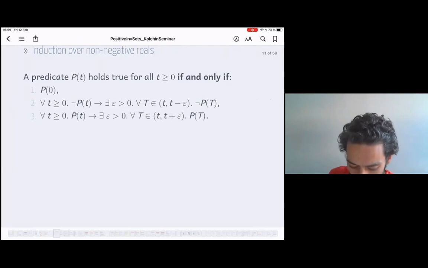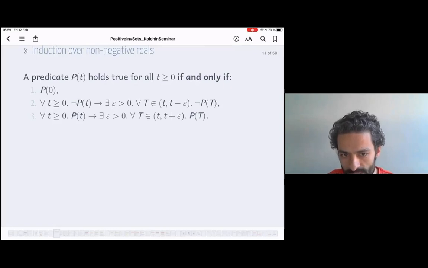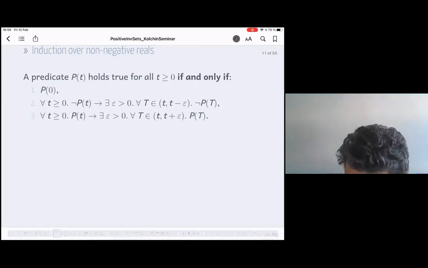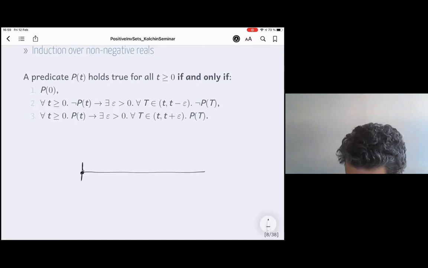So this is the induction over the reals. It's pretty tedious to read. There are many quantifiers all over the place. So what I'm going to do is go through these three different conditions on a picture. So this is my t. This is 0.